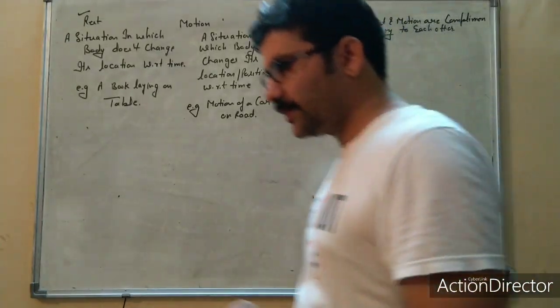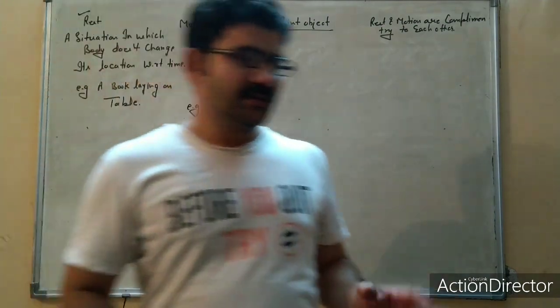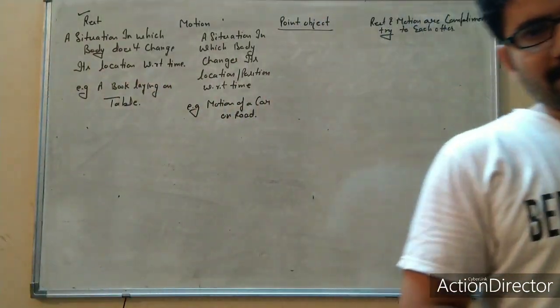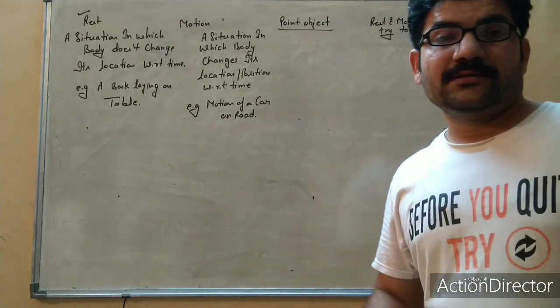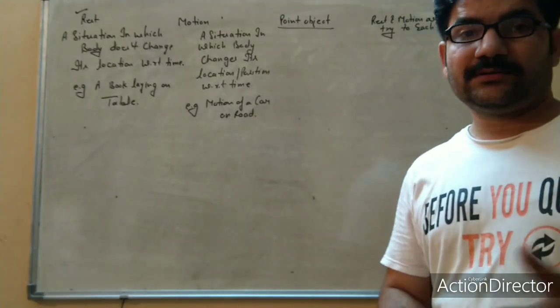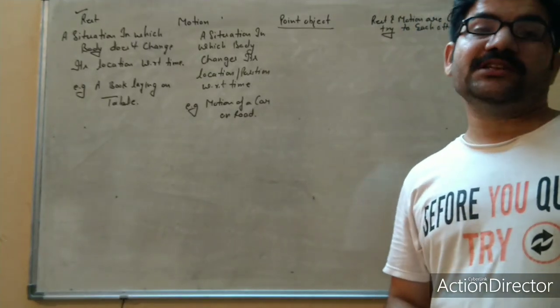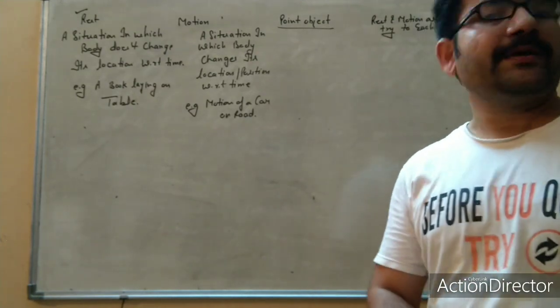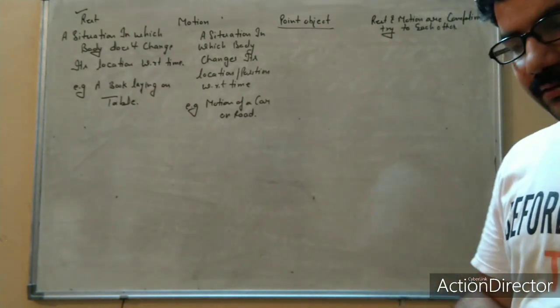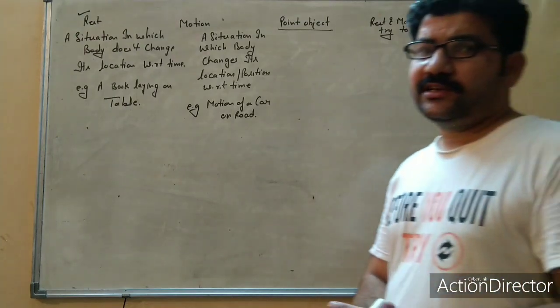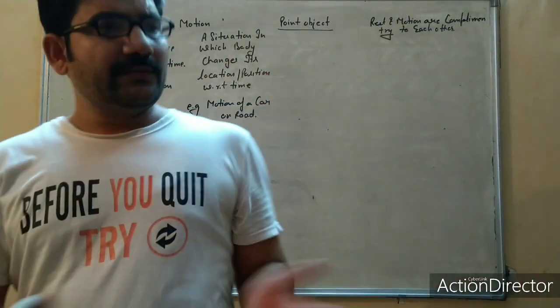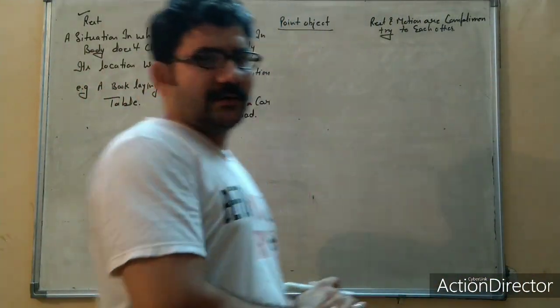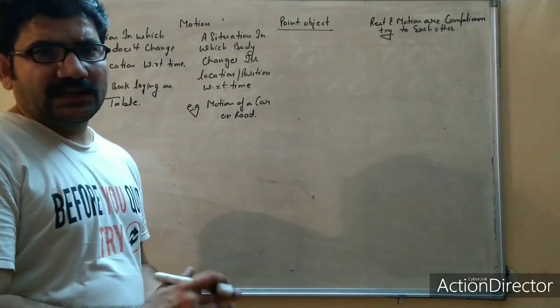Like my height is 5.9 but I can run 2 km, 3 km, more than my actual original size. In this way, my body will behave like a point object. And if you think seriously, in our society, everything is a point object. Rotation of Earth is also a point object.